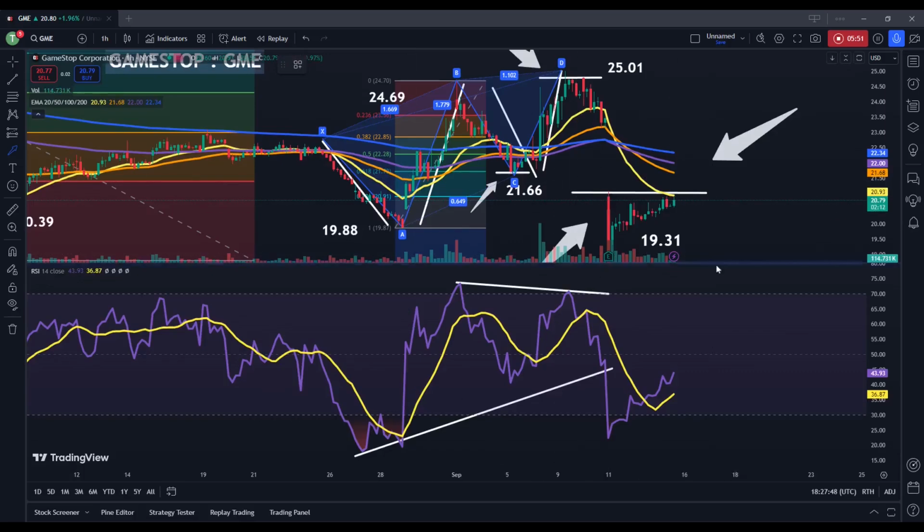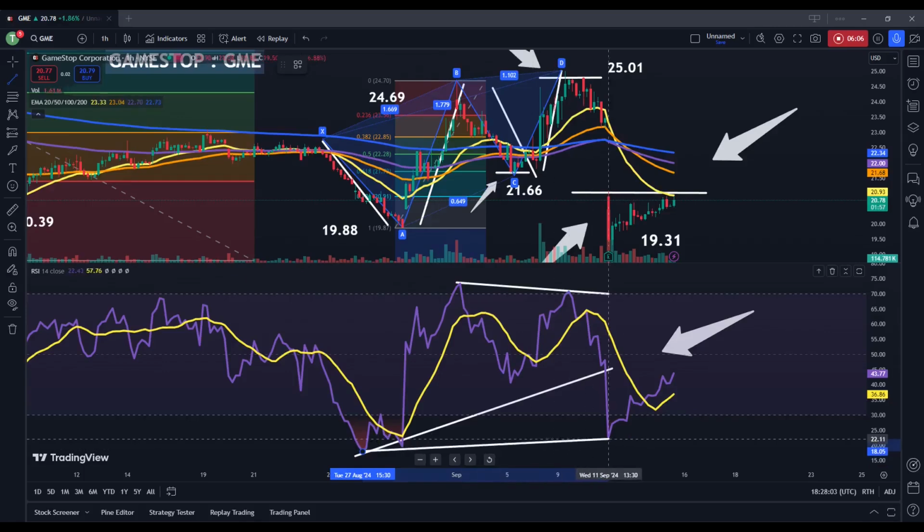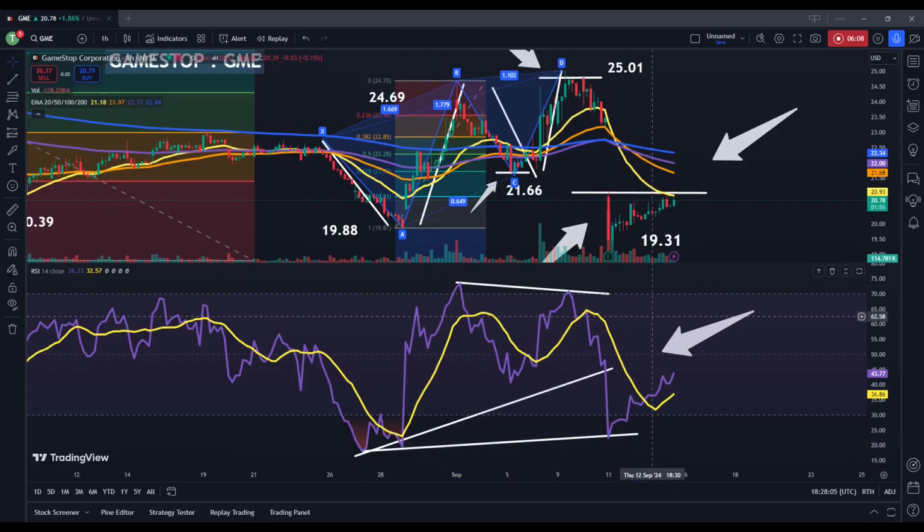If we look at the indicator reading here, the recent upside price movement has clearly broken to the downside. You did see share prices start to bounce out of oversold territory, and in addition to that, you can make the argument that there is a bit of a bullish divergence starting to form at these levels, because share prices did move into new lows at 19.31, which was a lower low than the 19.88.